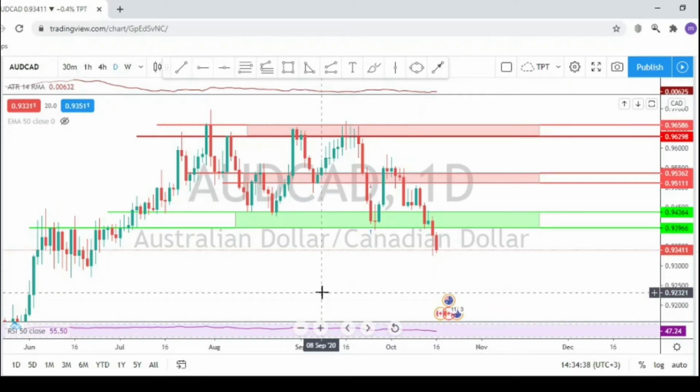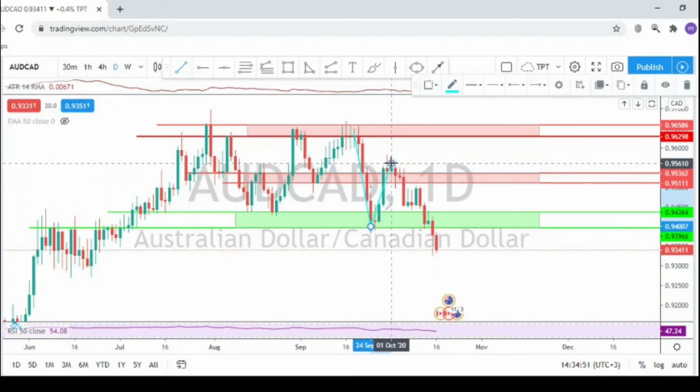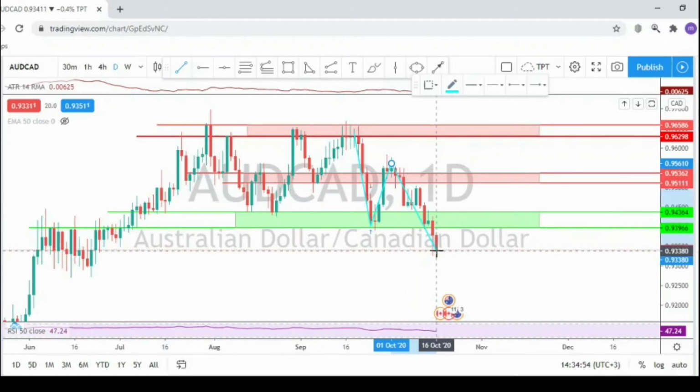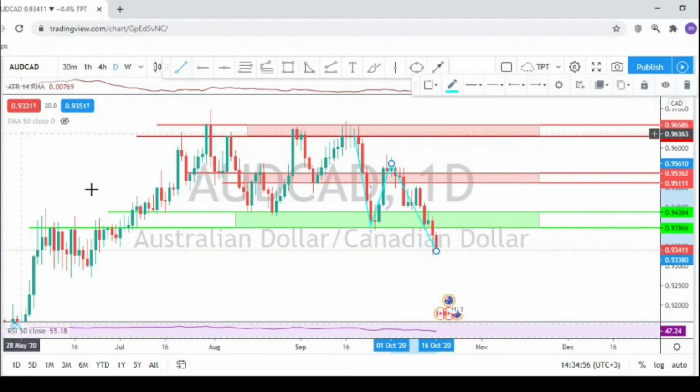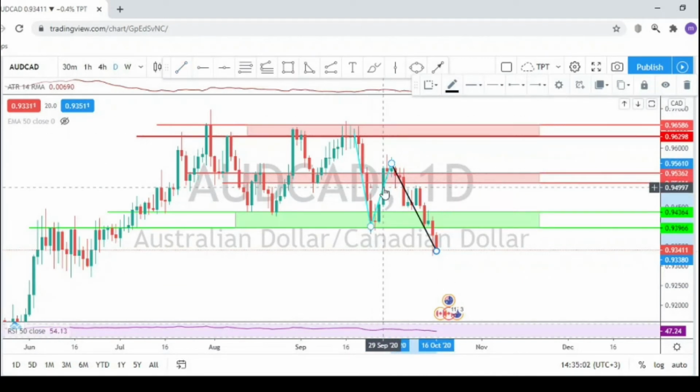If you say this currency pair is in a downtrend, then you are correct, because this market made an impulsive leg, a pullback, and another impulsive leg. And guess what? Let me change the color to black so that it can be visible.